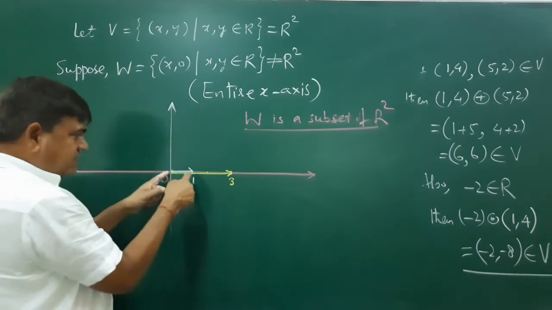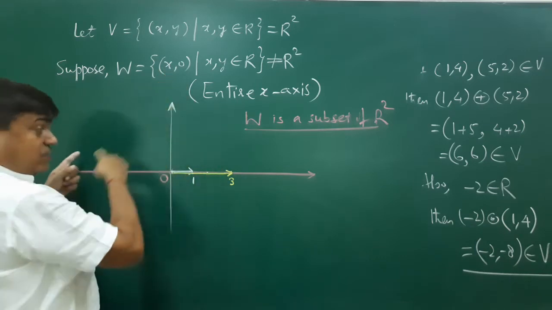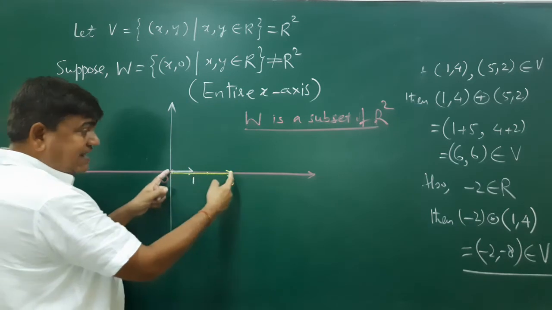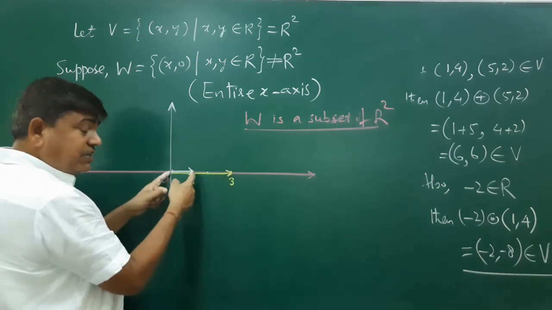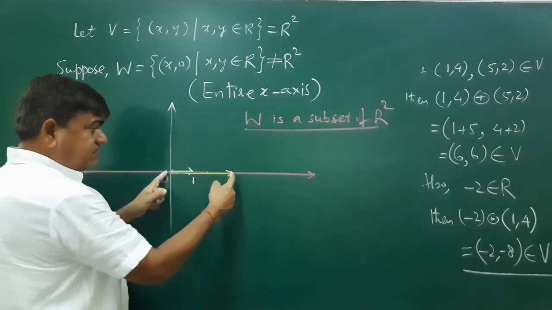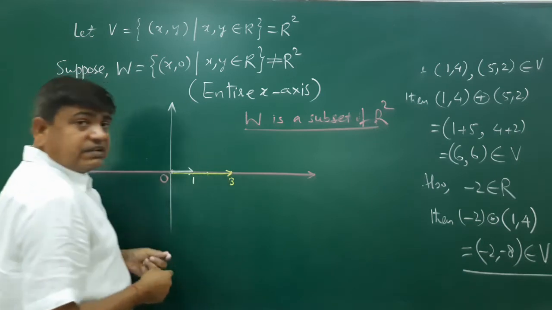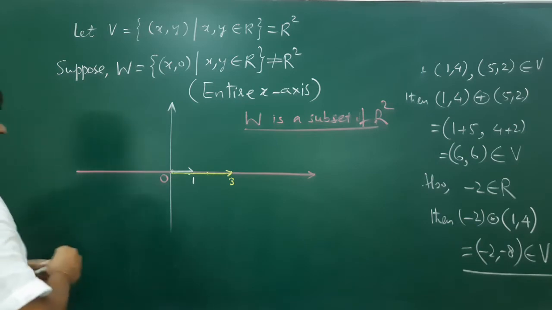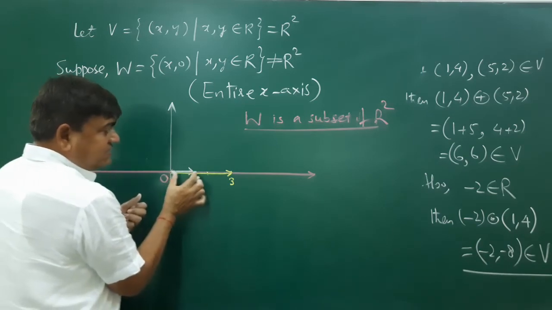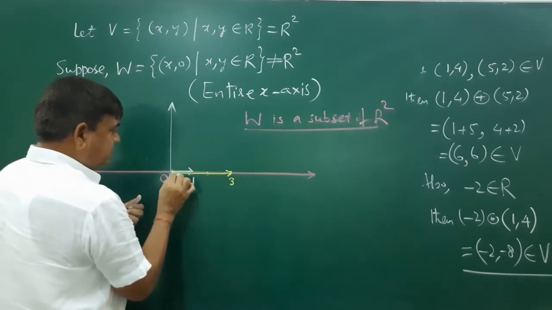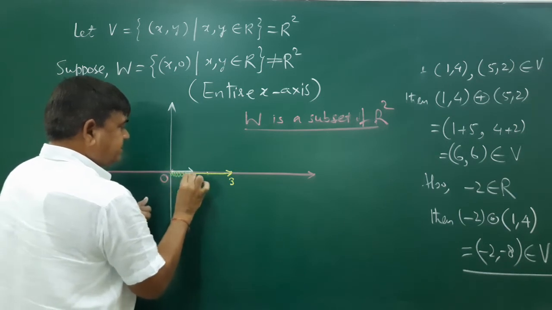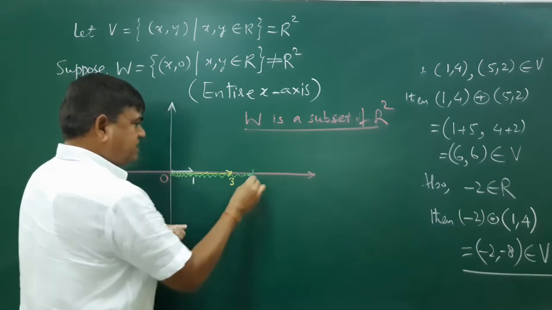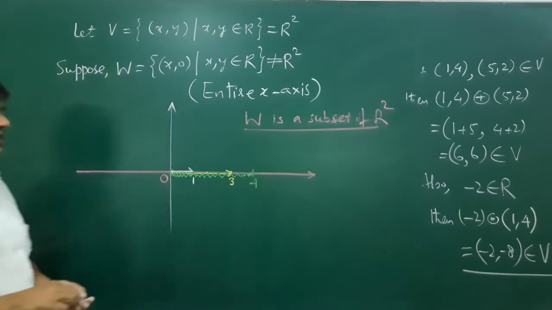So if I add, because we have to perform the operation on points on the x-axis only, 1 unit and 3 units, 1, 2 and 3. If I add this one and this one, then you see the answer. This part is added this way, so here you find this is the 4th part.